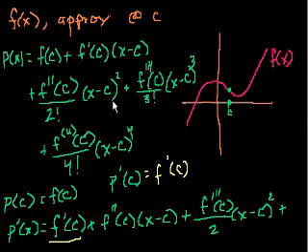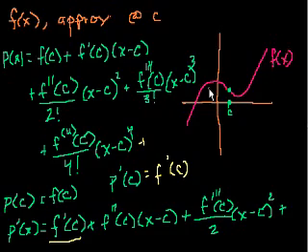The big picture is the whole thinking behind what Taylor thought of was, wow, if this function is infinitely differentiable, meaning that I can take the first, second, third, fourth, all the way to the infinitieth derivative of this function, I could construct a polynomial like this, and I could just keep going by adding more and more terms, so that this polynomial's zeroth derivative, which just means the function, the first, second, third, fourth, all of this polynomial's derivatives are going to be equal to the function's, at least around that point.